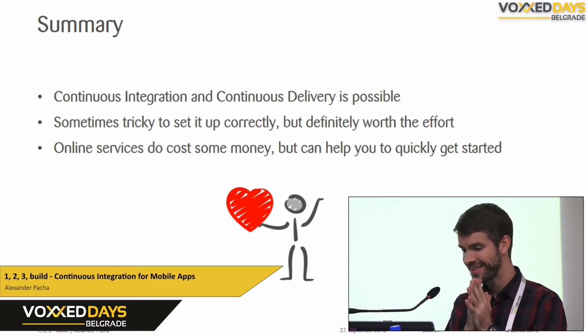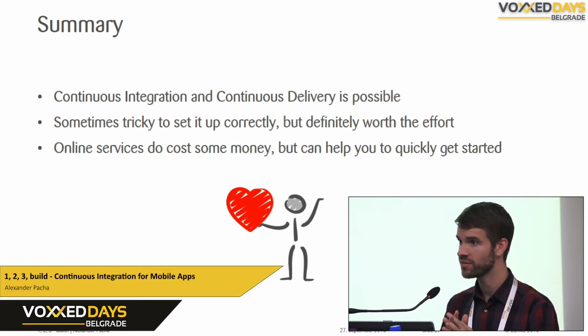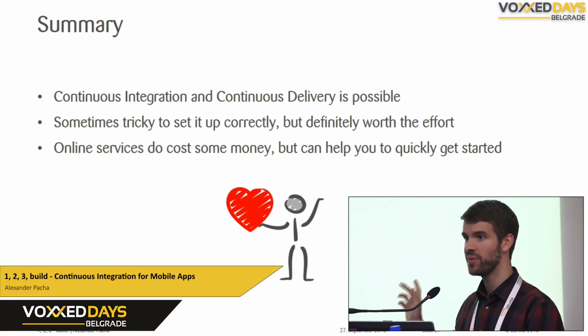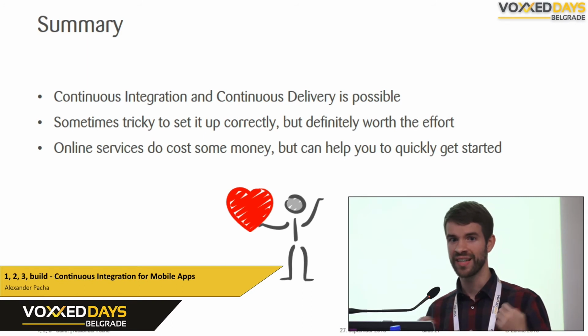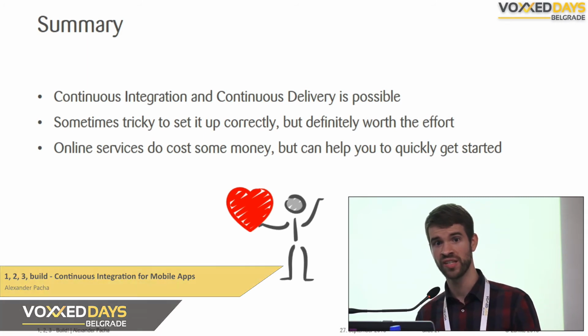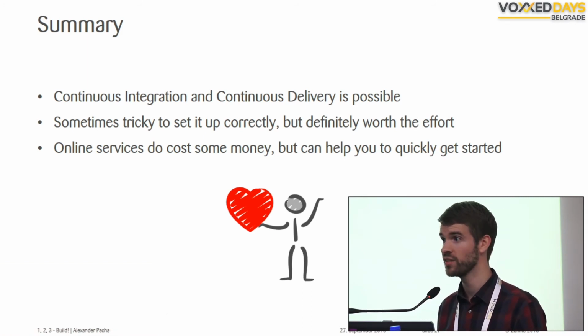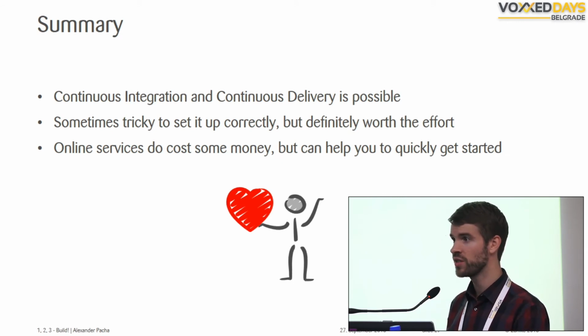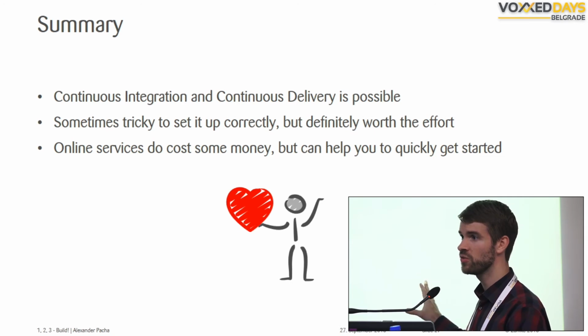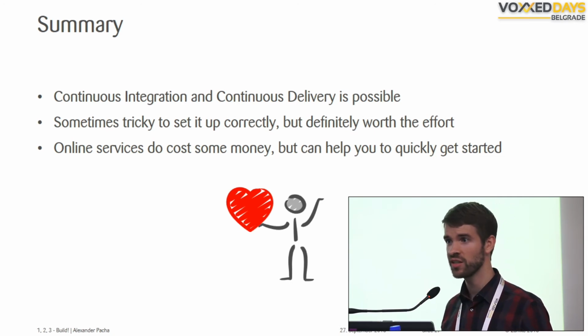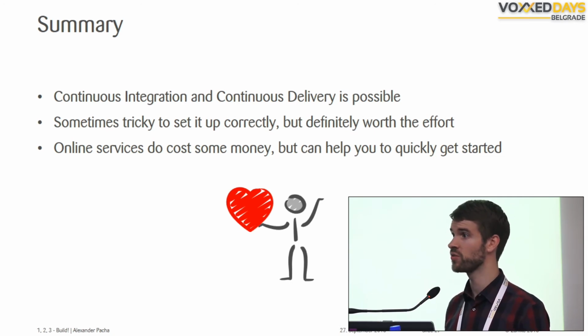And it can be a bit tricky to set it up here, but I think with these cloud providers, they really tried hard to make it as easy as possible for you to set up and get it up and running. You have these predefined steps, you have to follow certain rules, and if they don't fit you, you can still use your own Jenkins and do all the scripting yourself.